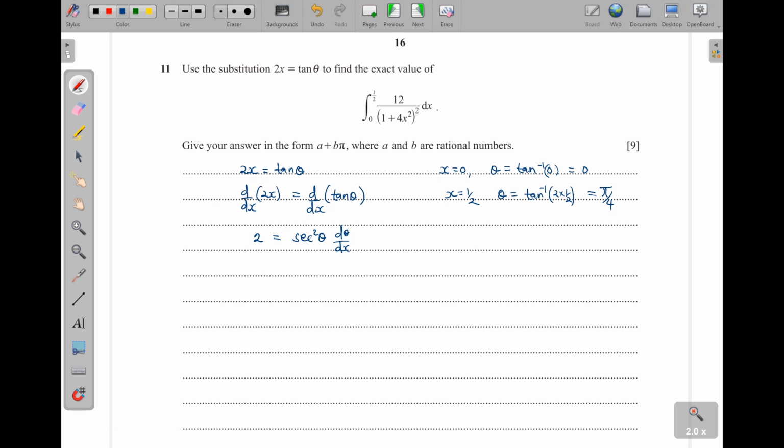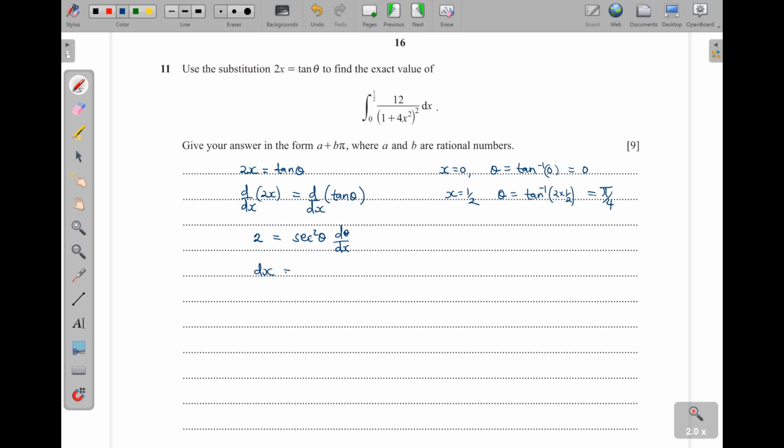Now, when we come to our integration here, sec squared is the same as 1 plus tan squared. In fact, make dx the subject of the formula.